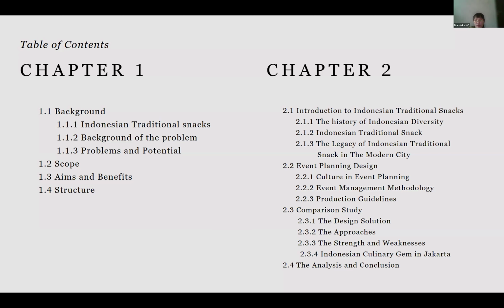Event planning design is the end result of this project, with the aim to gather people who are excited about both the event and the topic in the form of a pop-up booth. Event planning design and the comparison study for chapter 2 are still ongoing research, along with the analysis and conclusion.